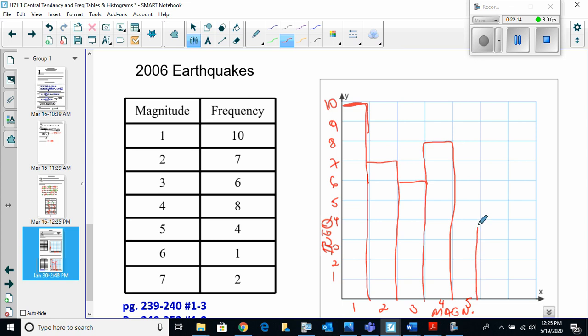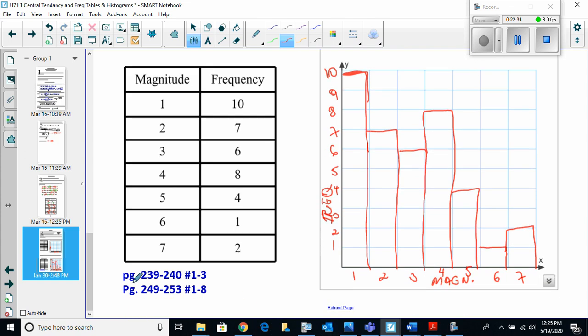So we will go up to 4. Magnitude 6, we have 1. And magnitude 7, we have 2. This is the histogram.